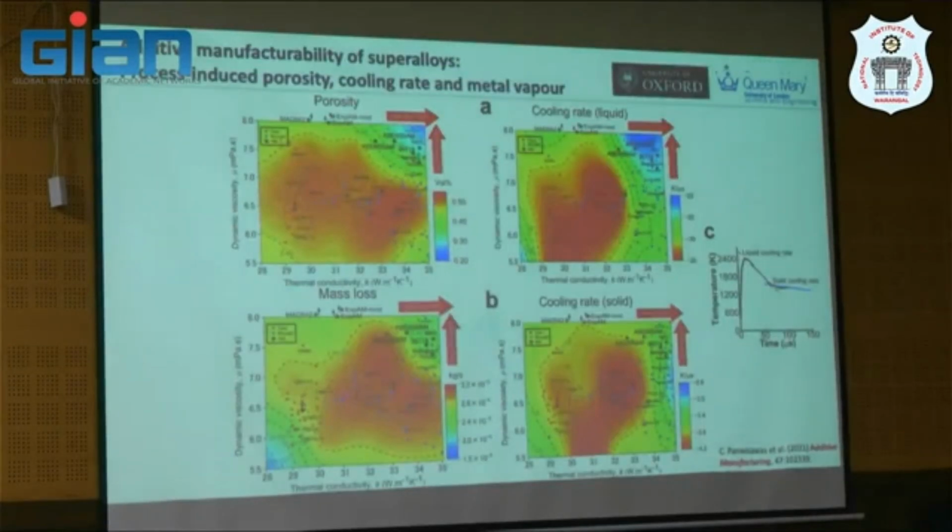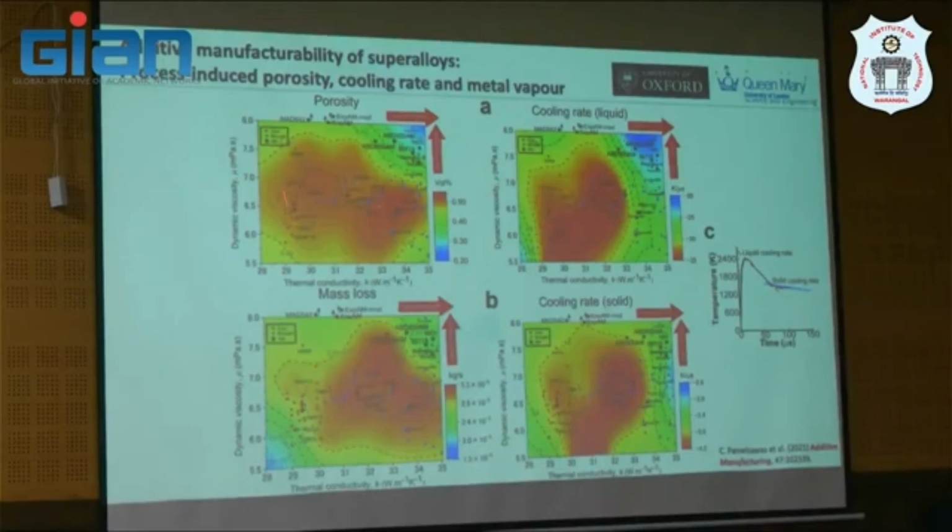And another thing is actually using the model that I mentioned. You may be familiar with the weldability diagram. I think I didn't show you, but I showed you in the previous lecture. So rather than just being based on an empirical manner, we actually calculate using CFD to predict a range of nickel-based superalloy properties.